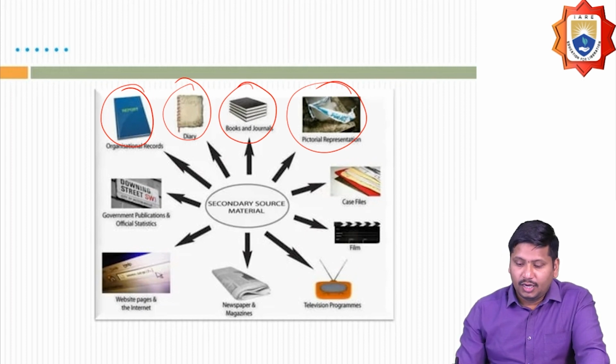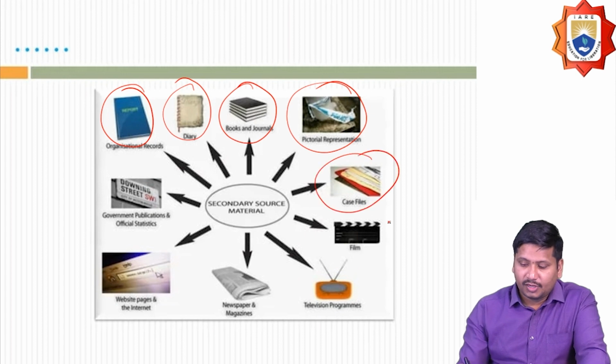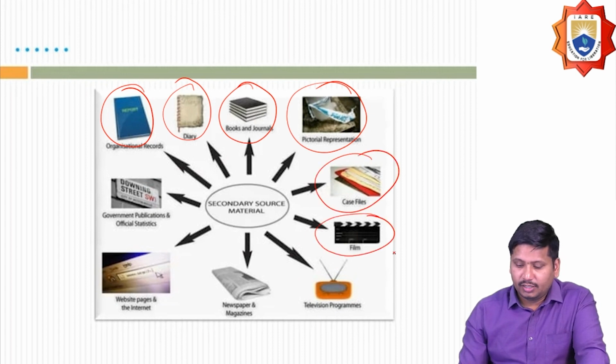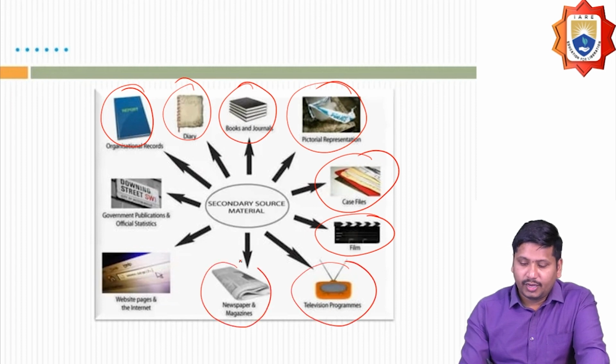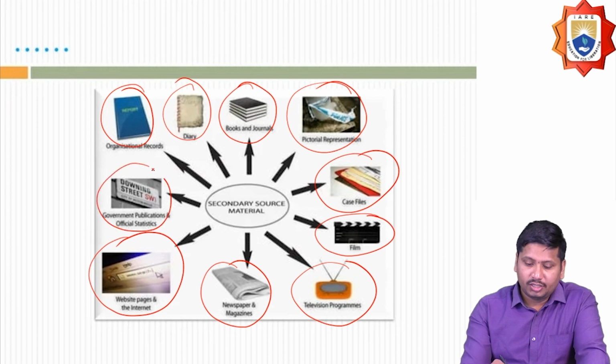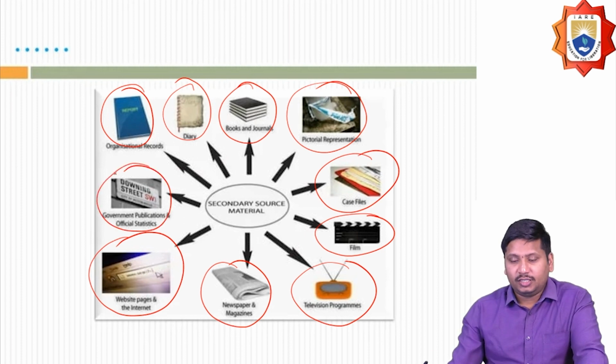Then case files, films, data extracted from television programs, newspapers and magazines, website pages and internet, government publications and official statistics. So these are the various sources of secondary data.